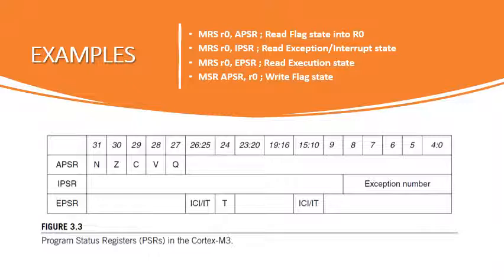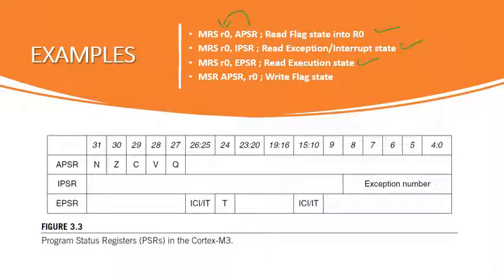A few examples to quote here are MRS, which is applicable for all three registers. Here it can be clearly understood that the content of APSR can be read into R0. Same thing for this instruction also and this instruction also.